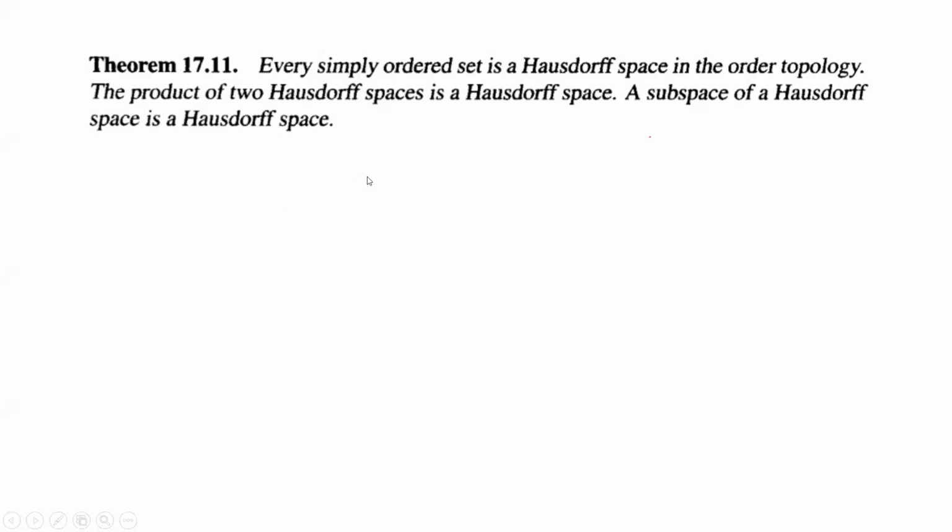For the first one, we first assume we have a simply ordered set X, and there are two elements in this set, x and y, with x less than y. So there are basically two cases. The first one is if there is an element z between x and y.